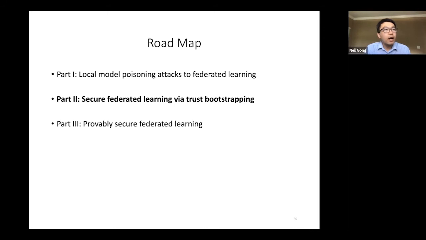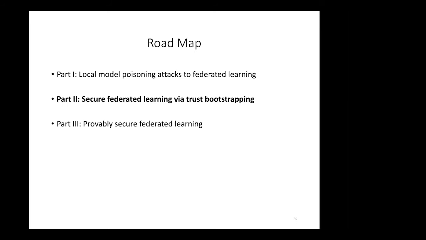I'm not sure. I think so. First, I can make the following comment. For any data poisoning, it's very easy to transform it into a local model poisoning. For any data poisoning attack, we can easily design a local model poisoning attack which has exactly the same effect as the data poisoning attack, but not vice versa, probably.